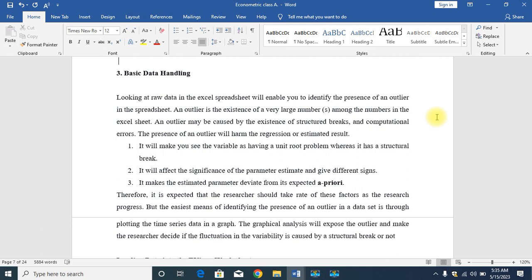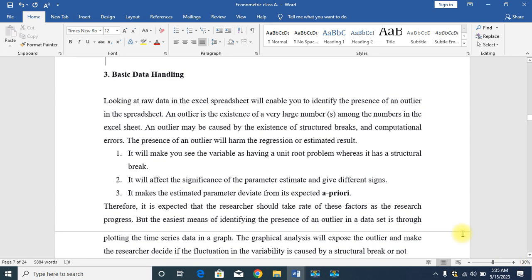And once the data sets, mainly time series data, are being prepared for analysis, a good researcher is expected to look out for the presence of an outlier in the worksheet. The word outlier in research means the presence or the existence of a very large number among the numbers in the data sets in the Excel.